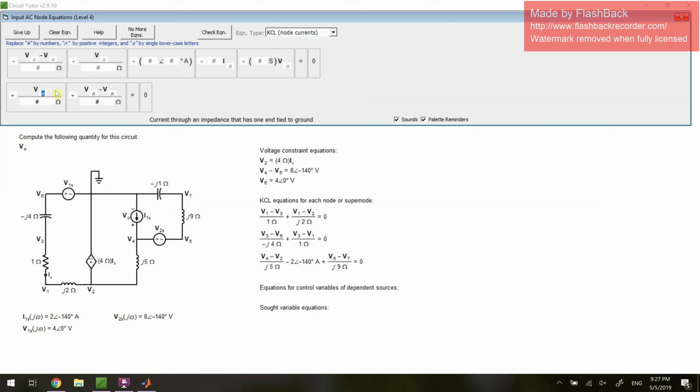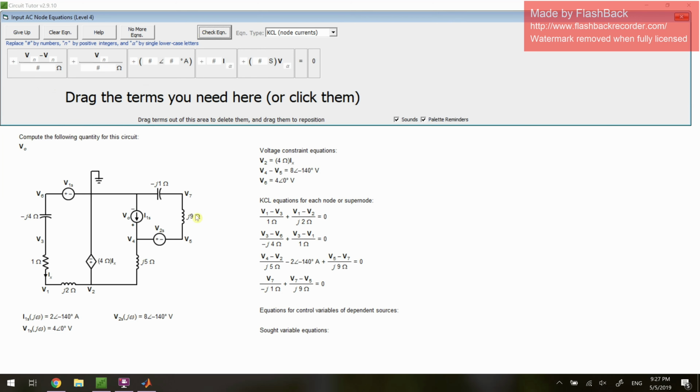And the sum of those should be equal to 0. So for the first one, we'll have positive V7, because it would say V7 minus 0, over the impedance for that element, and then V7 minus V5 over the impedance for that element. So now we know that we've had 7 nodes, and it looks like we have 1, 2, 3, 4, 5, 6, 7 equations. This means that we are done.